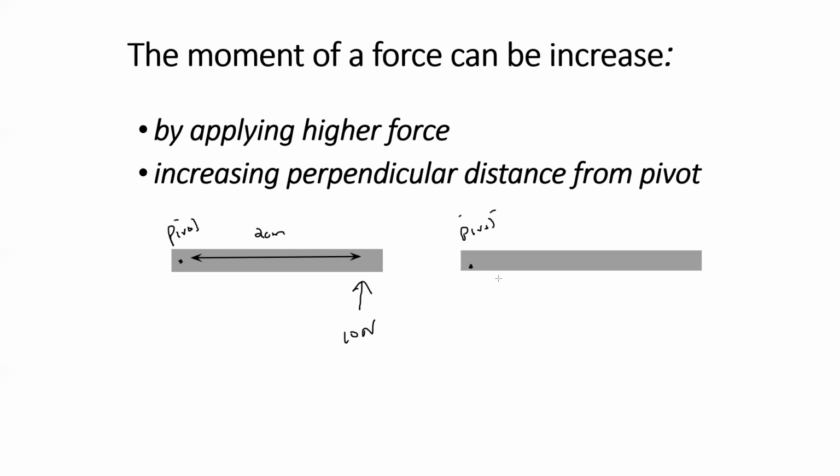And in another example, the same distance of 2 centimeter, but I apply a higher force, for example 50 Newtons. Which one will produce a greater turning effect, greater moment, A or B?